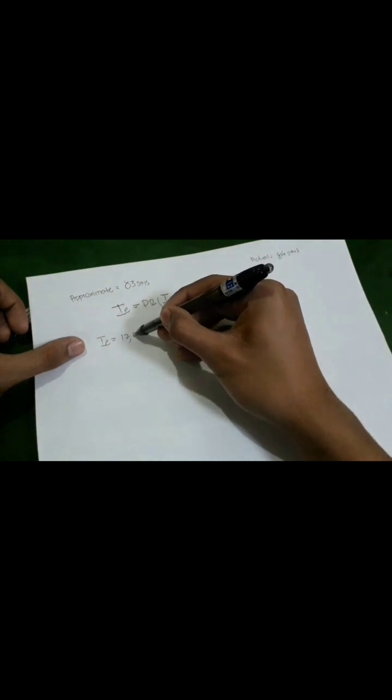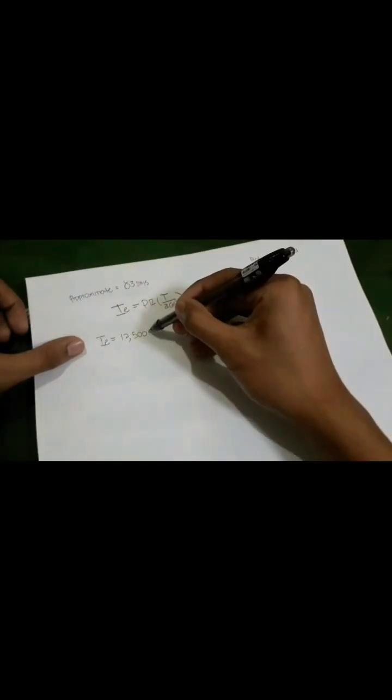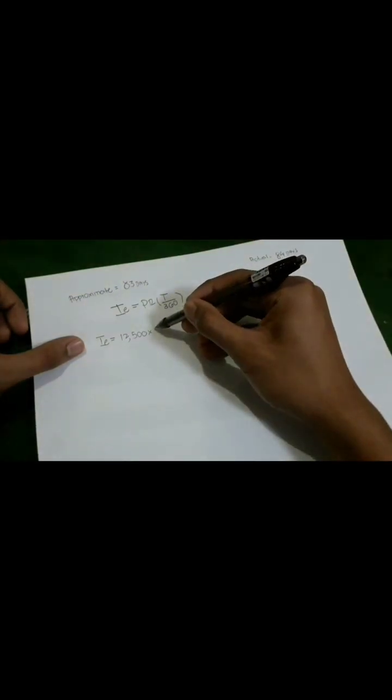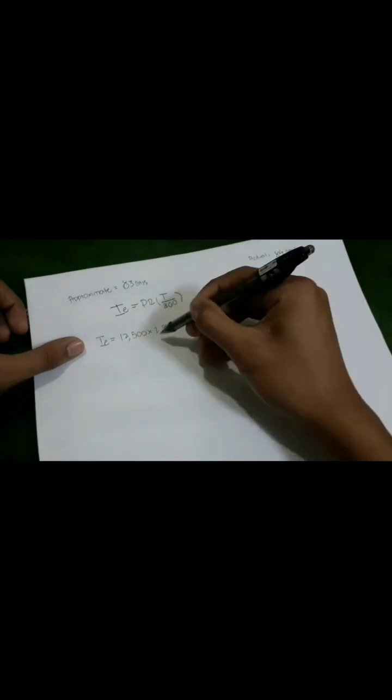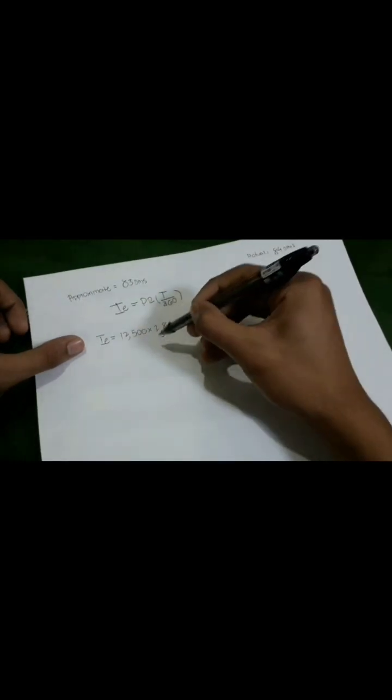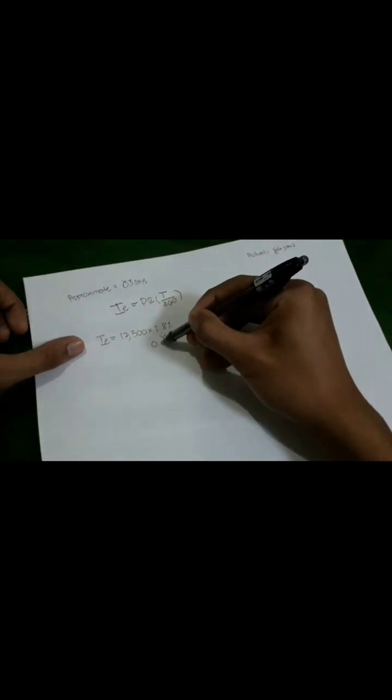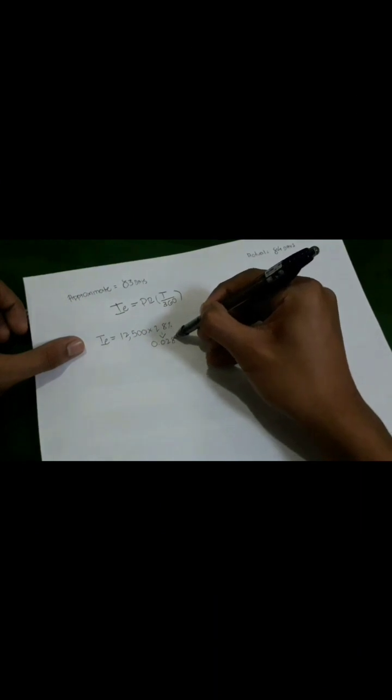P, which is 12,500, times the rate, which is 2.8, and certainly will be converted into decimals, that would lead to 0.028.